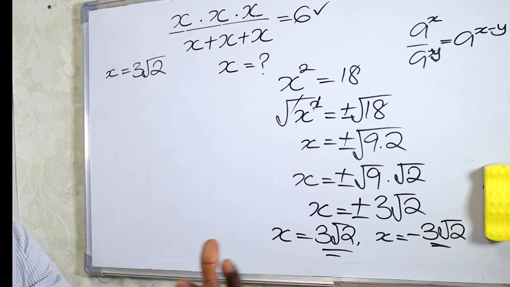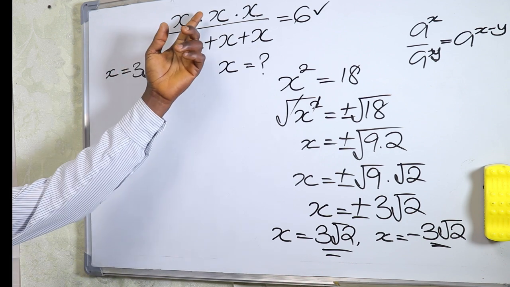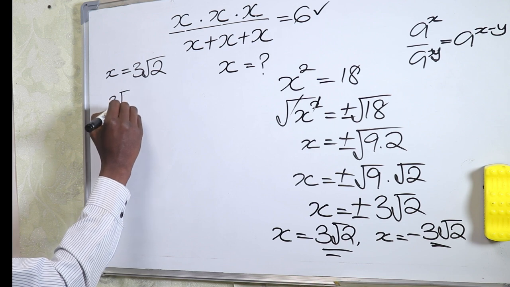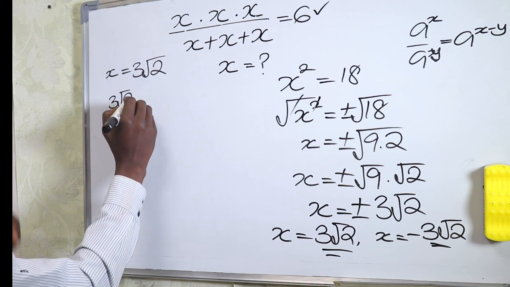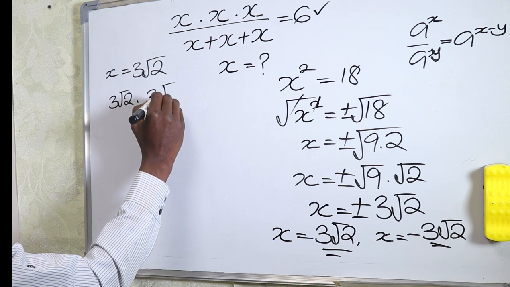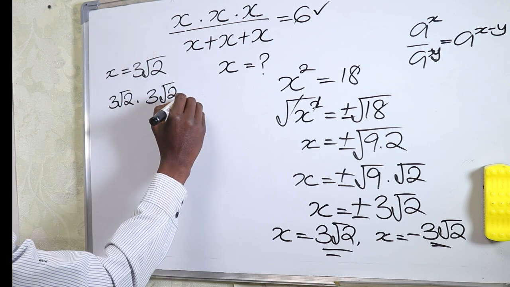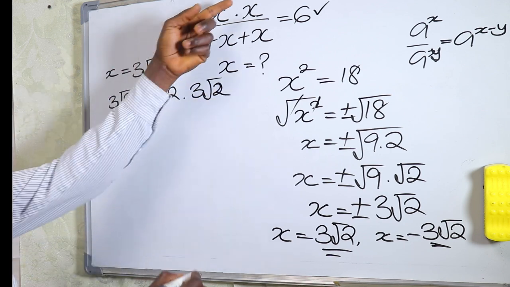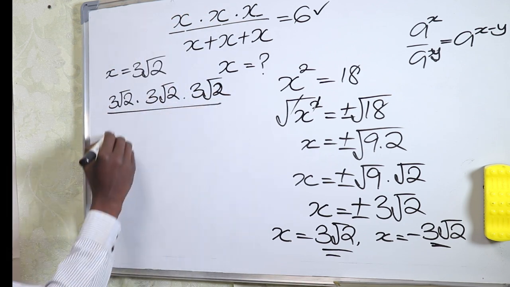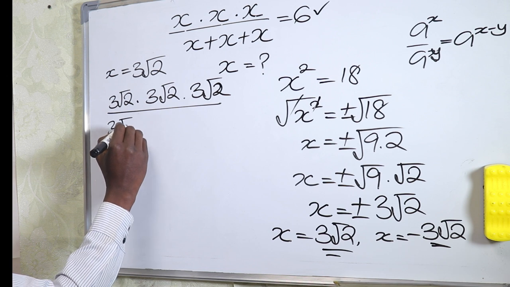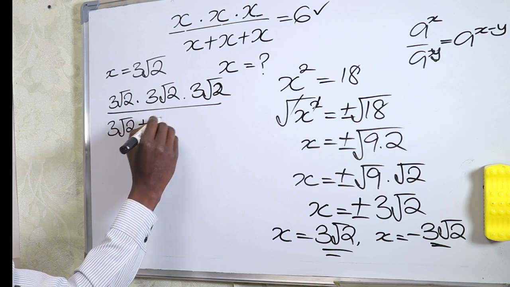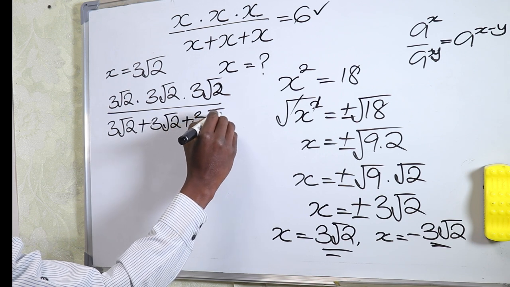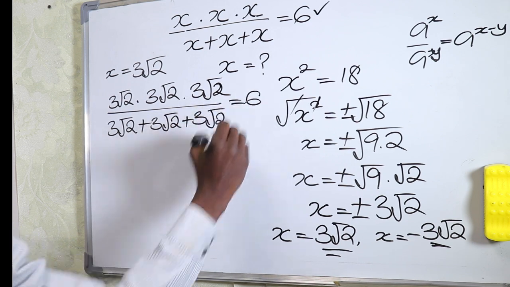If we apply the value of x equal to 3 root 2 into this expression, we have 3 root 2 as the first x, multiplied by 3 root 2 as the second x, multiplied by 3 root 2 as the third x, and all of these divided by 3 root 2 plus 3 root 2, and all these will be equal to 6.